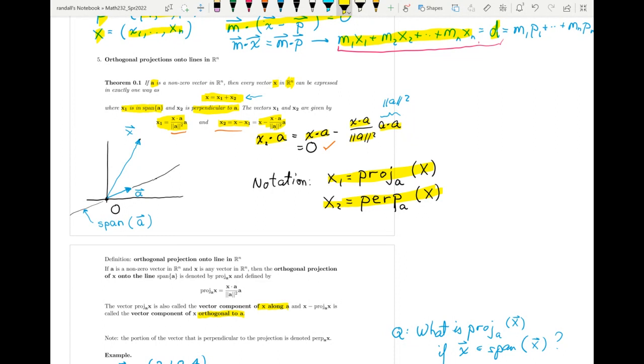Okay, so that's the notation, and it's pretty common notation in linear algebra. I'll just add this to the sketch over here. We see that here's my vector A in the sketch, and there's the line through A, the span of A, and there's my vector x. So I'll draw here my vector x2, which is the perpendicular part, and it's pointing that way.